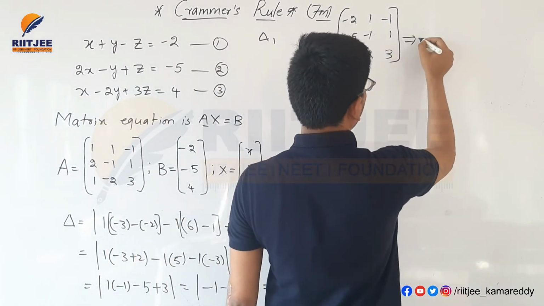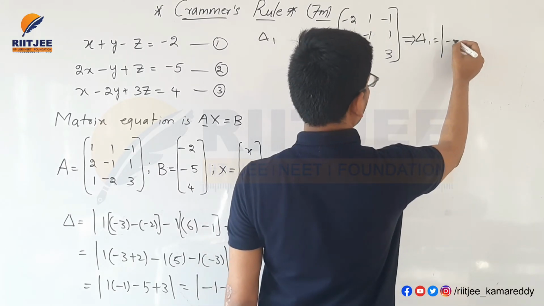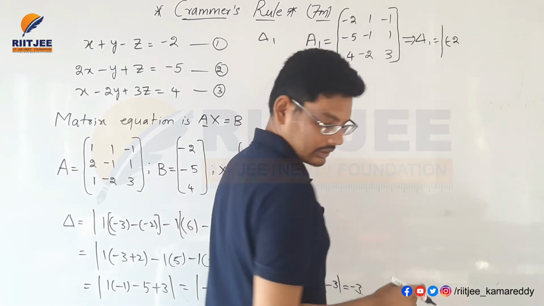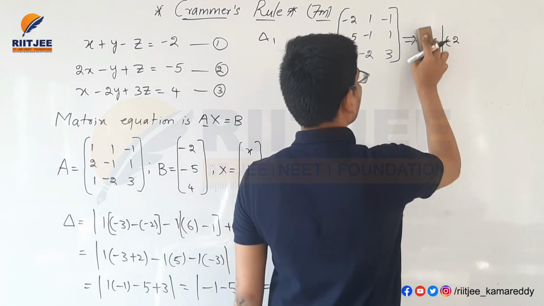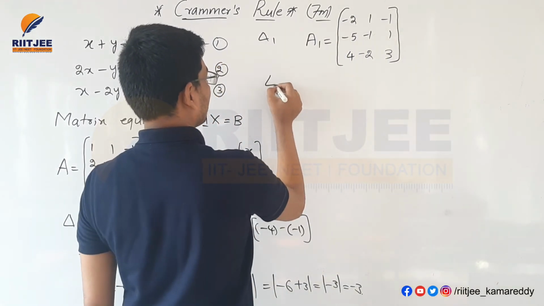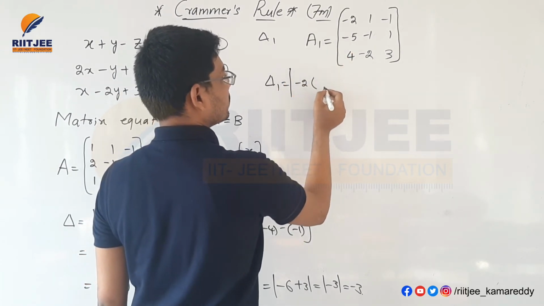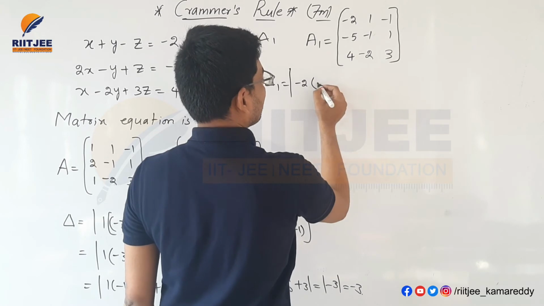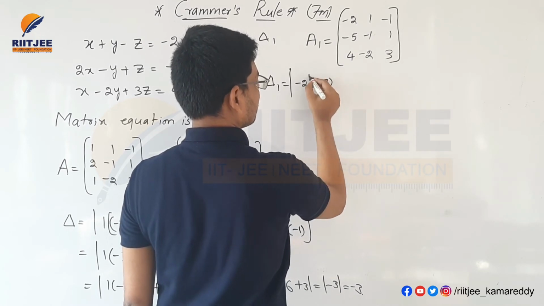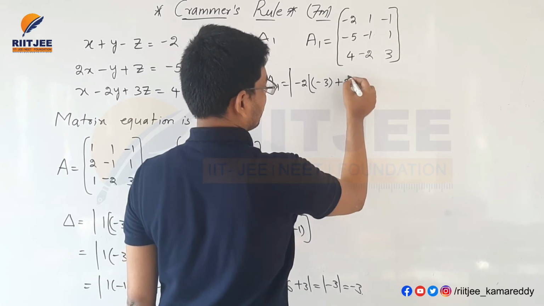To find delta 1, write delta 1 as the mod of -2 into -1 into 3, -3, minus 1 into -2, that will become +2 here.